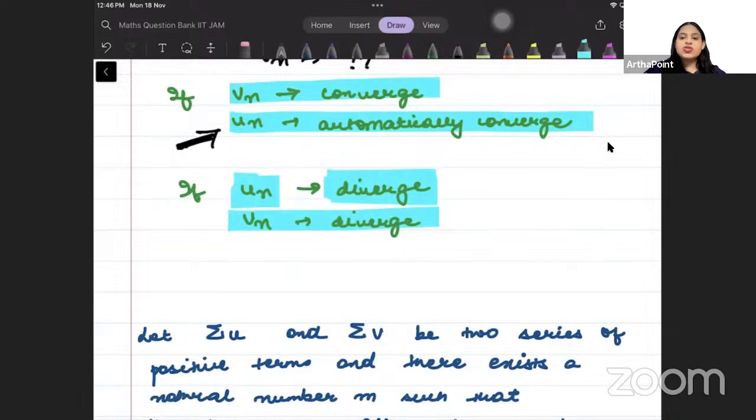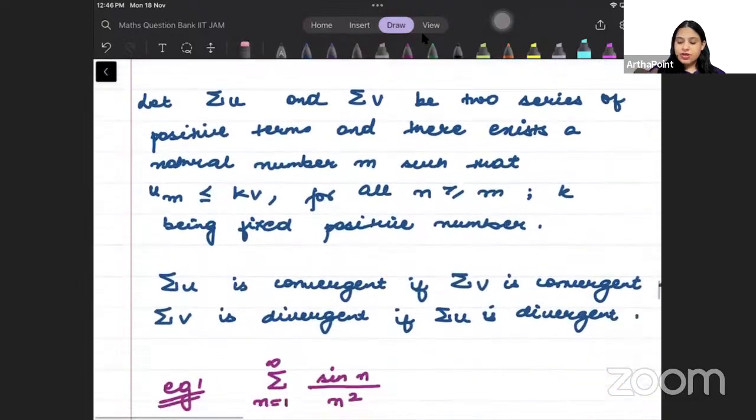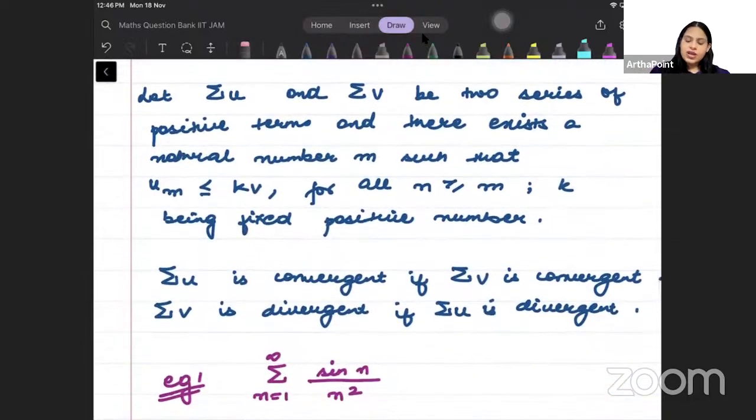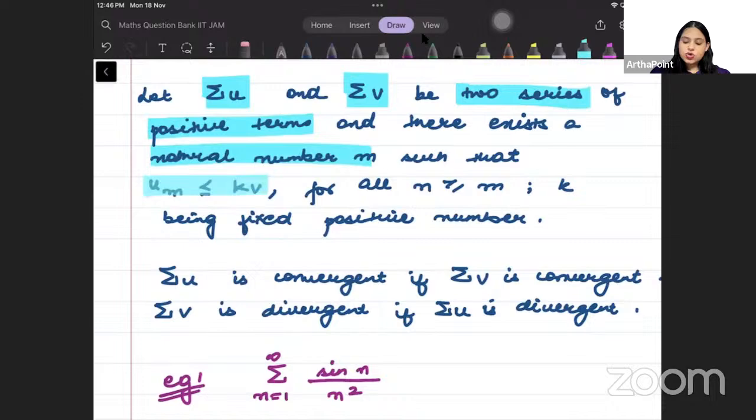Okay? Let us read the official definition of this test. Summation U and summation V are two series of positive terms. There exists a natural number m such that Um is less than k times Vm. So we took the mth term of series U, and we are saying it is less than some scalar quantity times Vm.